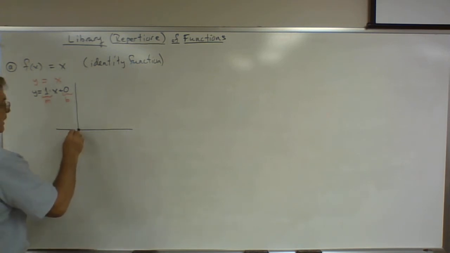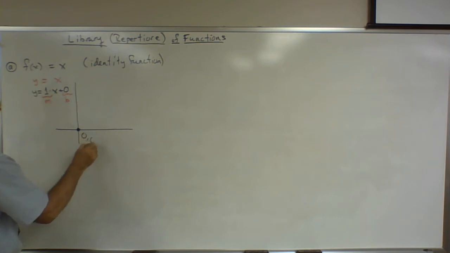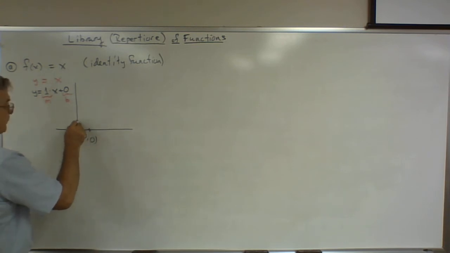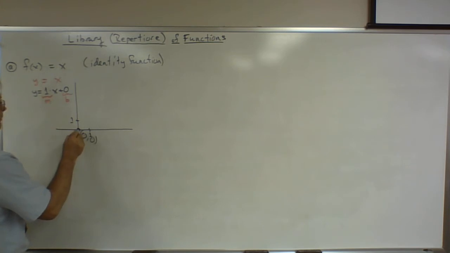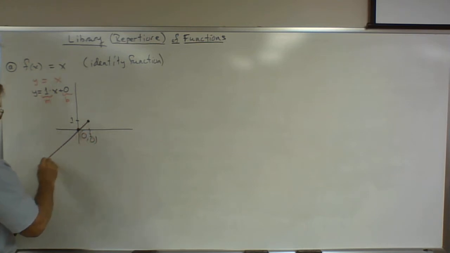If the y-intercept is 0, then it crosses the y-axis at the point 0, 0. And if it has slope 1, that means that from this point we go over 1 and we go up 1 to get another point on the graph.